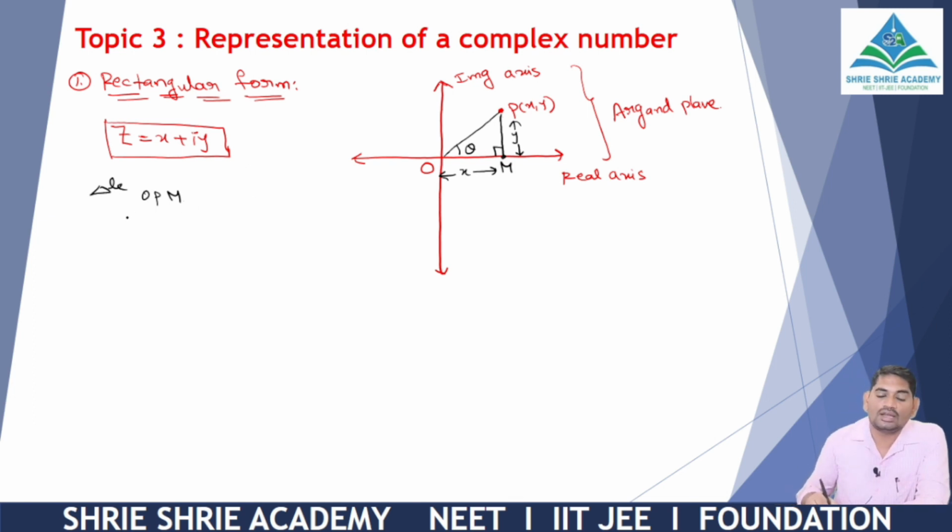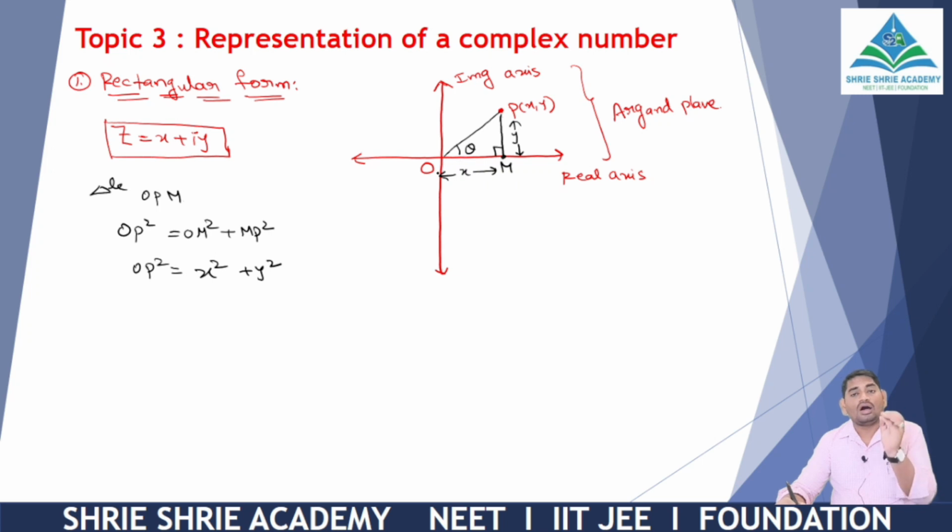In this right angle triangle, if we apply the Pythagoras theorem, what do we get? OP square is equal to OM square plus MP square. So OP square is equal to x square plus y square. So what is the OP?